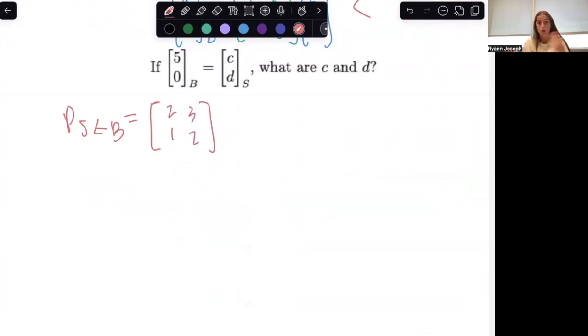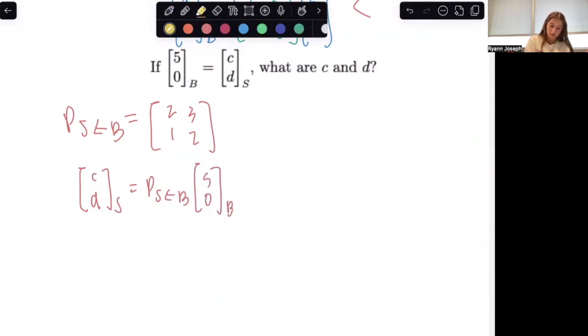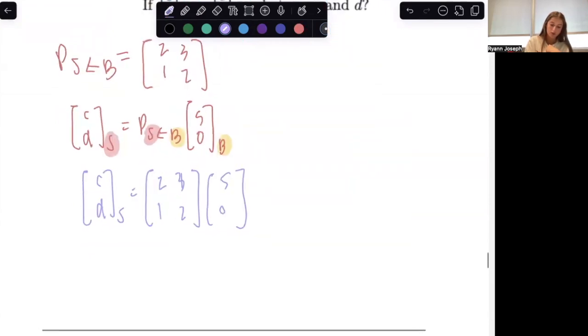I have something in B, and I want to go to something in S. So my CD with respect to S, I can multiply by, write this out first, times something in B. You see how the B goes together here and then the S. It just makes sense.